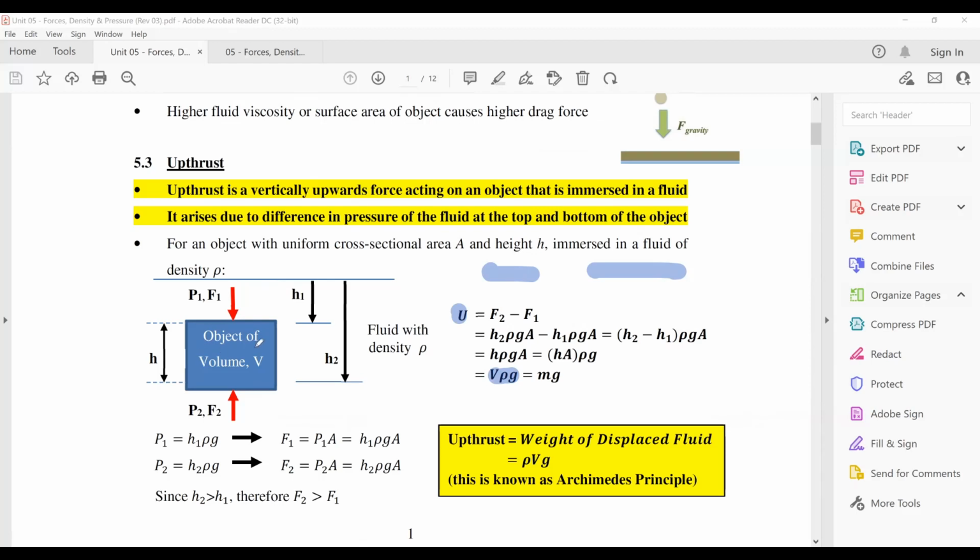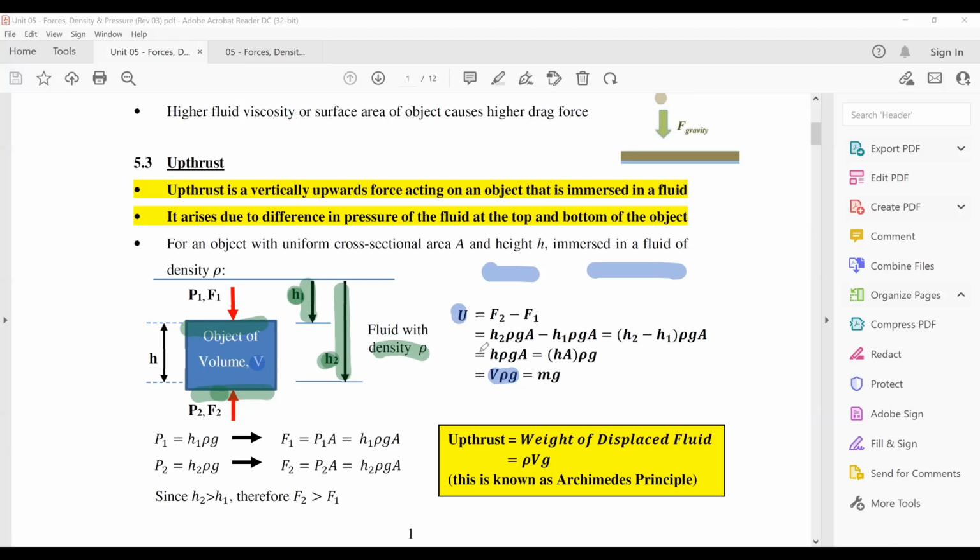The object has a volume of V, and the height of the top and bottom surface is at H1 and H2 respectively. So you immerse the object inside a fluid with density rho. The top surface is at a height of H1, the bottom surface is at a height of H2.